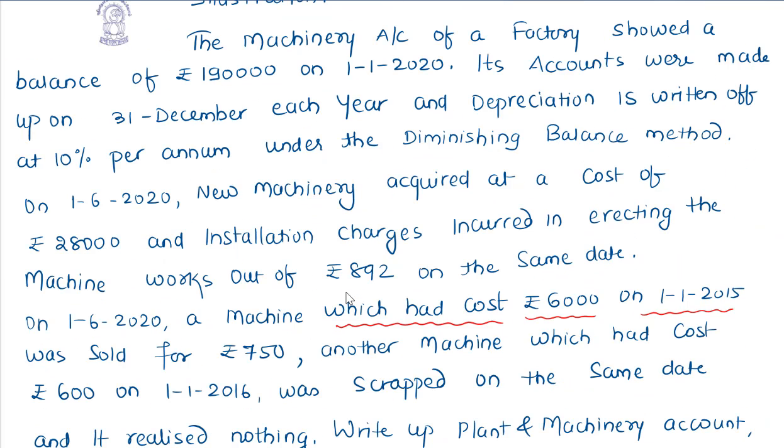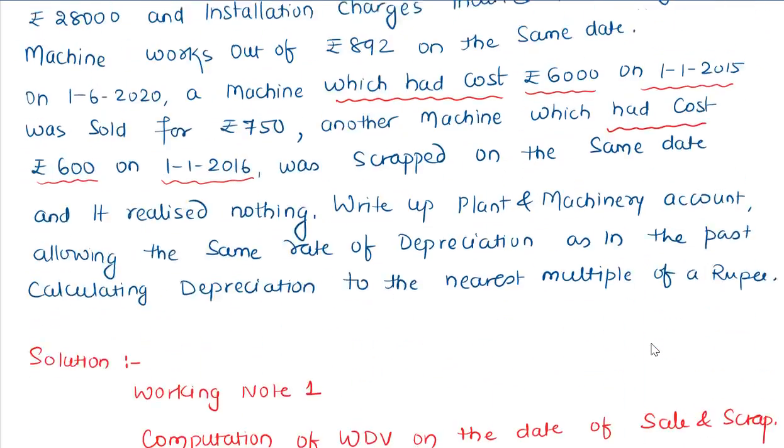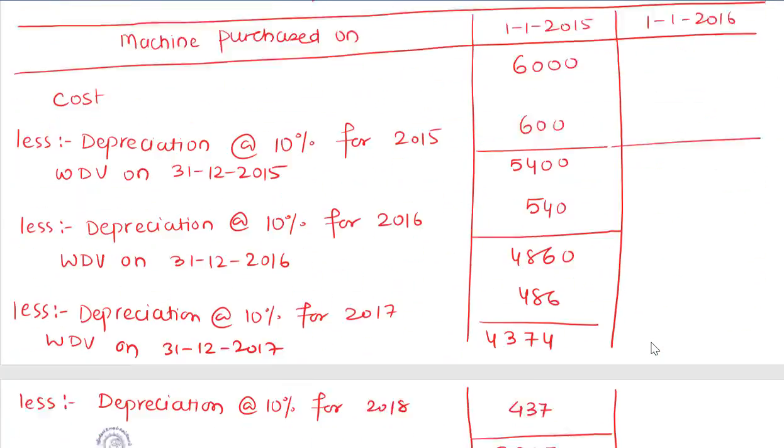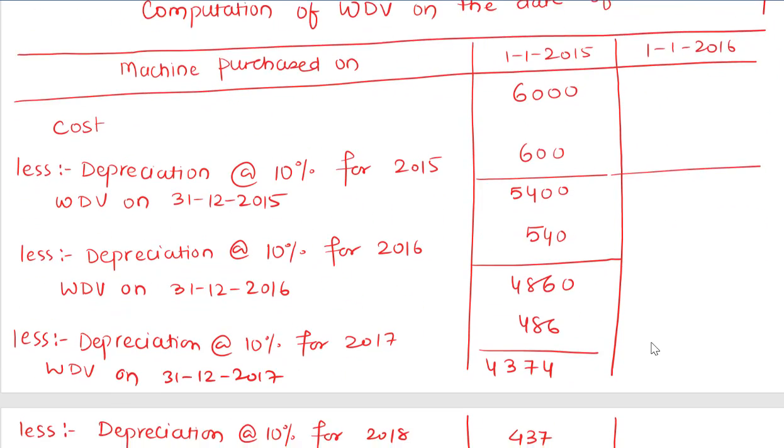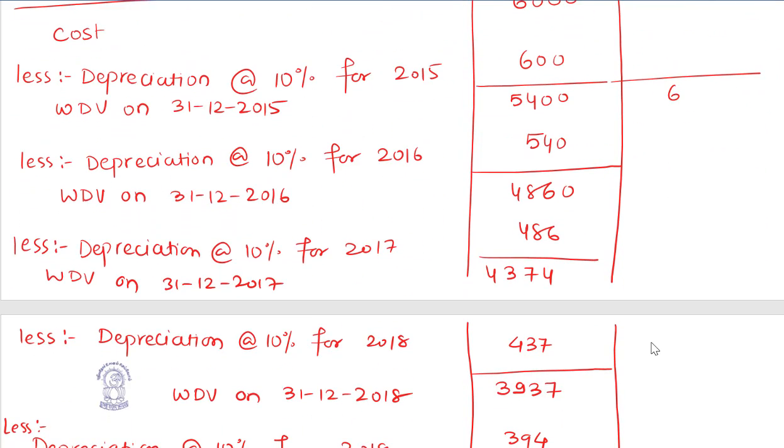Another machine was also scrapped. Another machine which had cost rupees 600 on 1st January 2016 was scrapped on the same date.